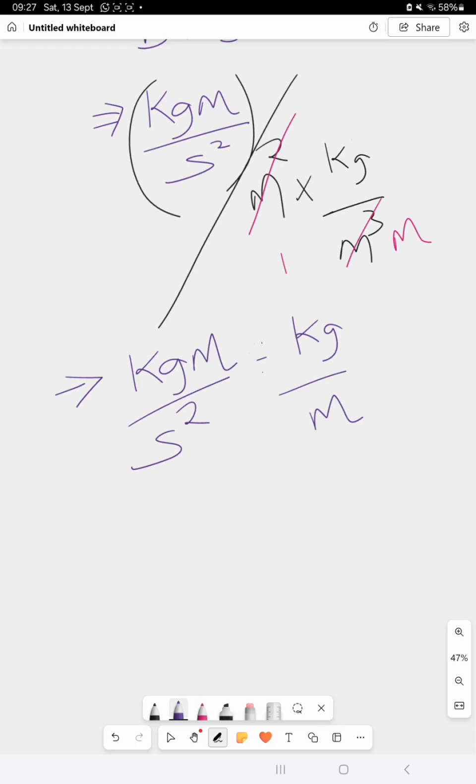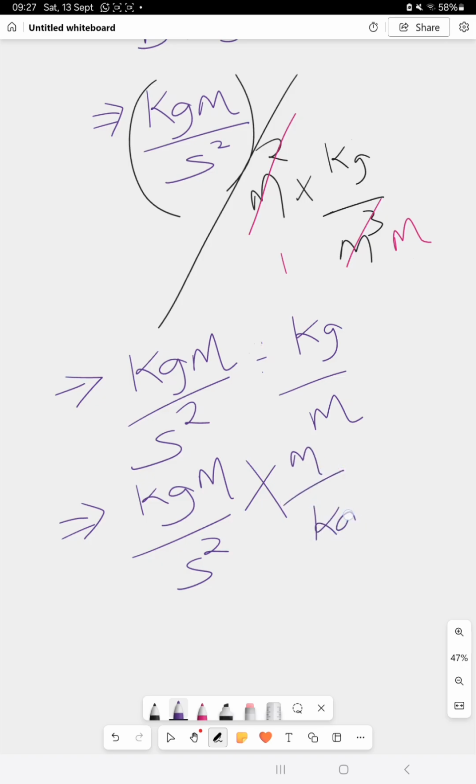So what next? Now I'll have to simplify this further and say this is the same as kilogram meter over s squared multiply, now this one changes, m over kilogram. Thank you. And then something must cancel here.